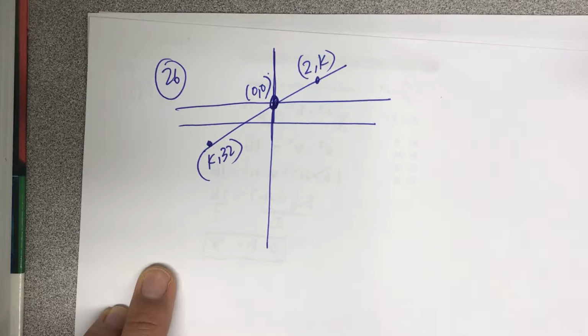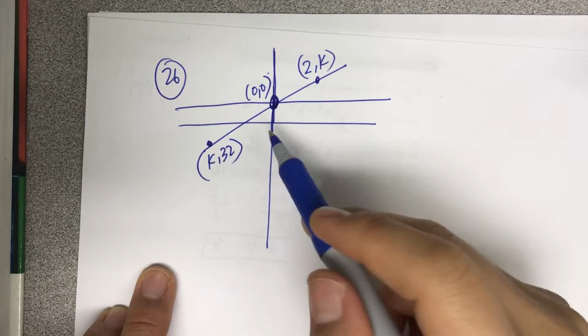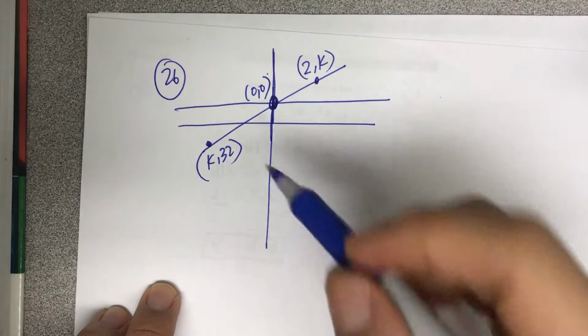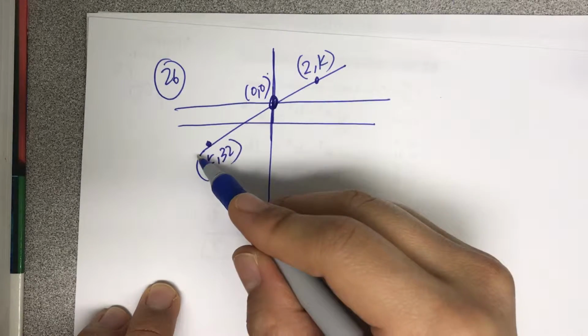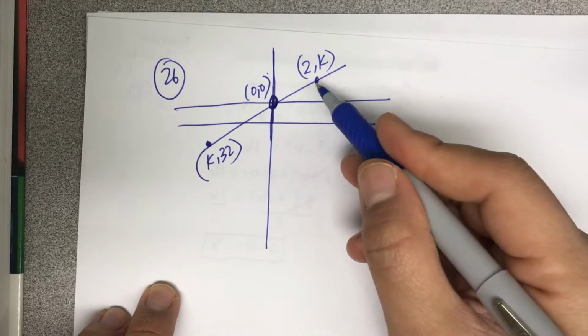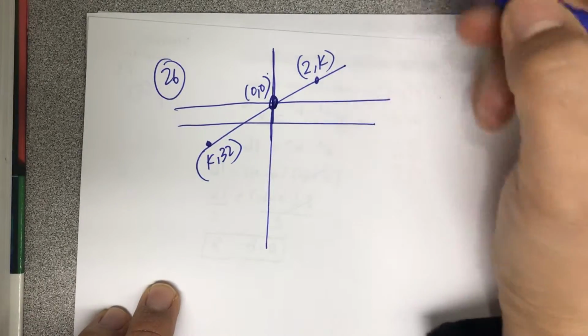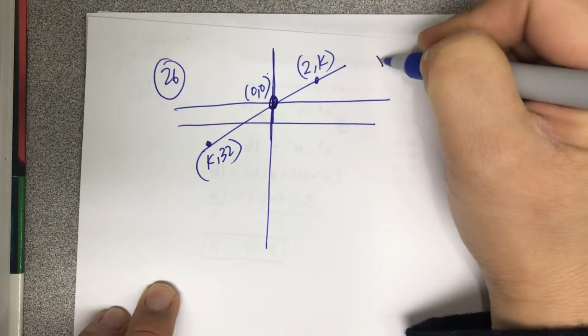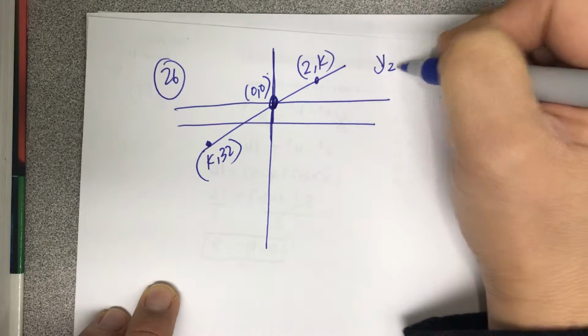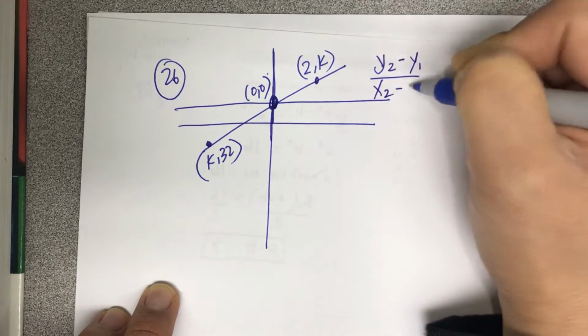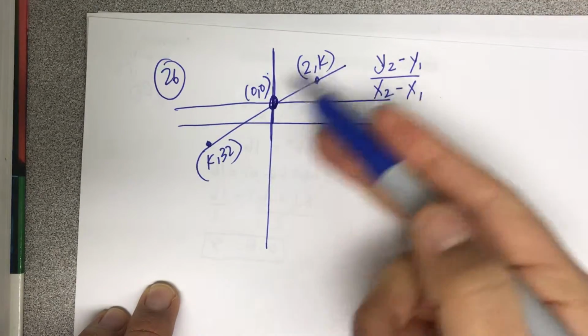Well, how are you going to find the value of k? One thing that you need to know, so this is knowing some theory about lines, okay? These are points on the line, which are also points that you could use to find the slope. Think of the slope, which is y2 minus y1 over x2 minus x1. Do we have 2 points?